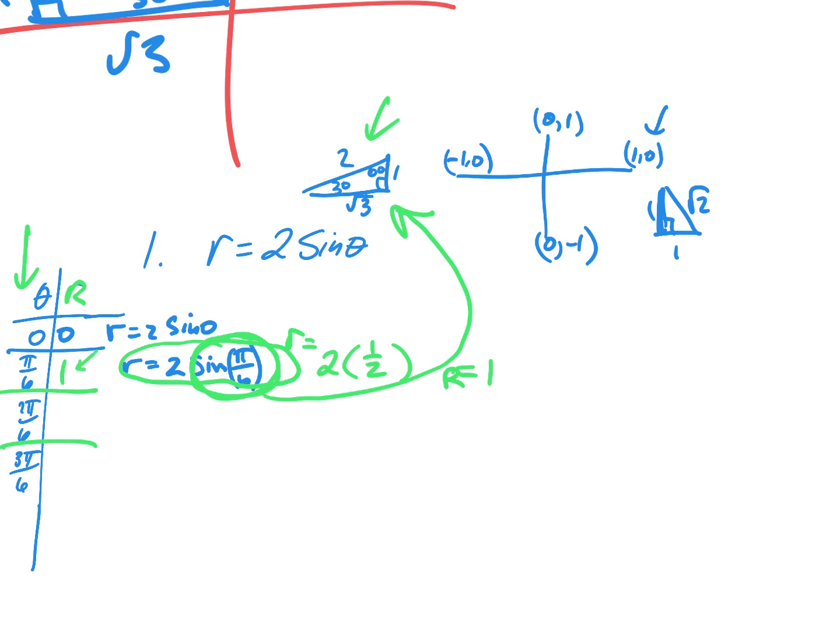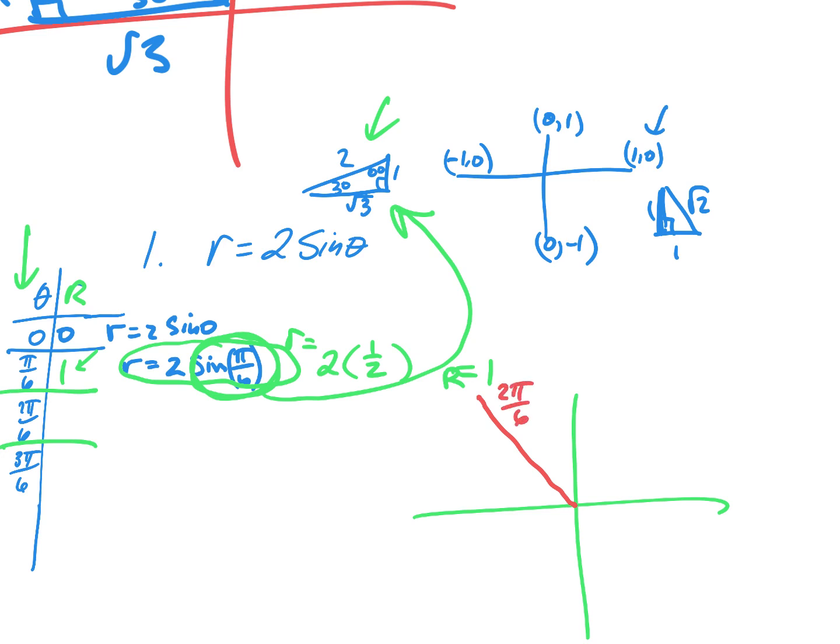All right, 2 pi over 6 is the same as pi over 3, which is really a 60-degree angle. The only time this can burn you, pay attention now, is when they say something like 2 pi over 3, which is going to be here, and all of a sudden, if you're doing cosine, in that quadrant it would be negative.